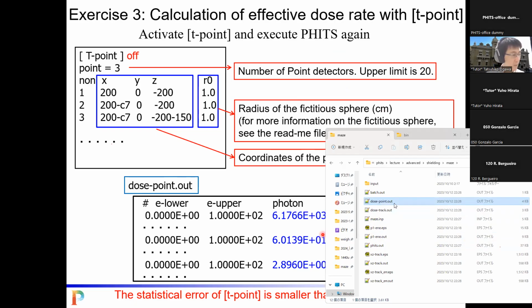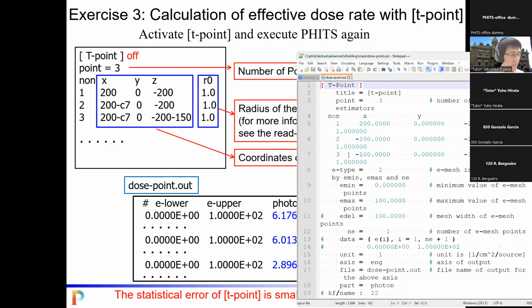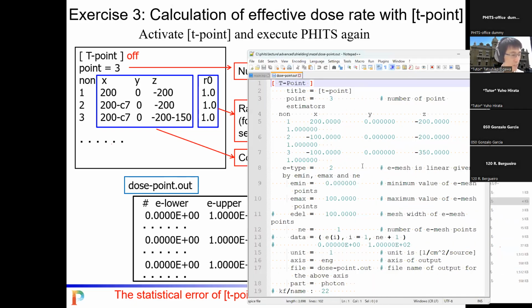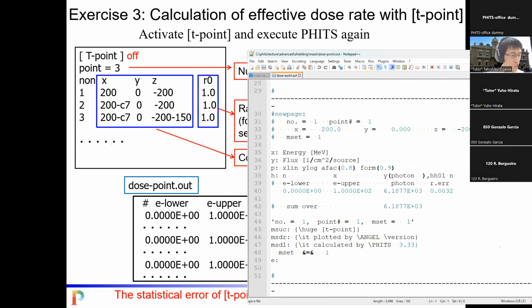And at the end, you will get the results of a T-point tally, which should look like this.